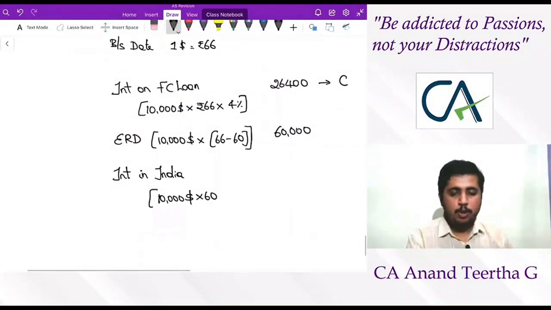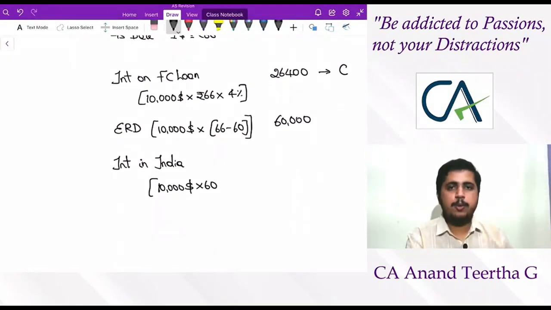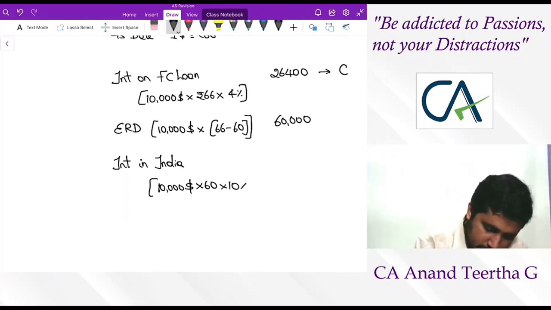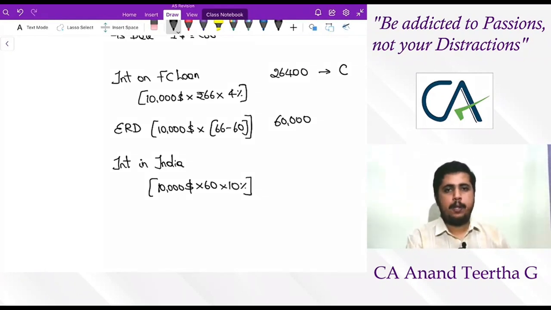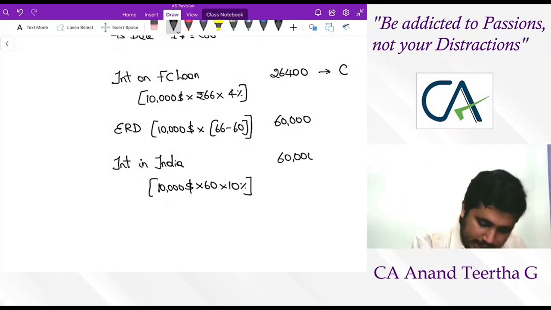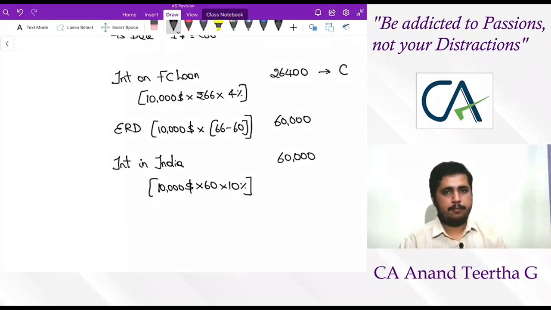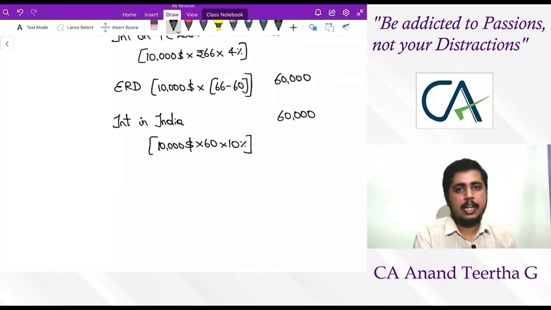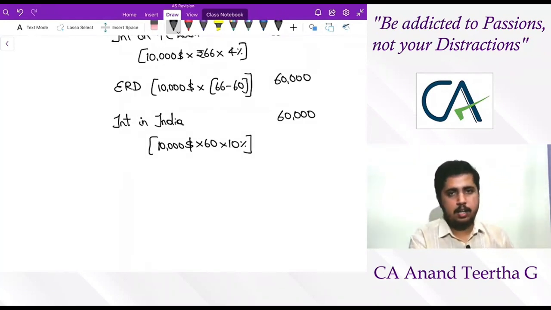So if the similar loan was taken in India, it would be taken at 60 rupees per dollar. So $10,000 into 60, 6 lakh, into 10%, 60,000, is the rate of interest in India. Now try to understand. 60,000 is the interest amount of India.